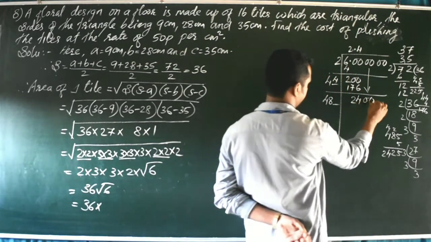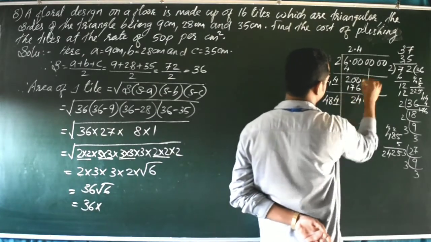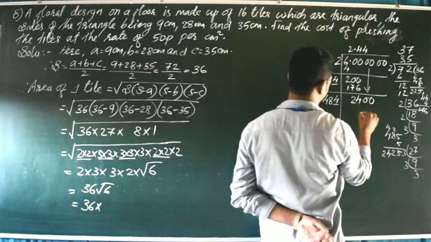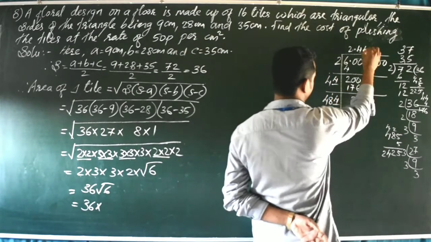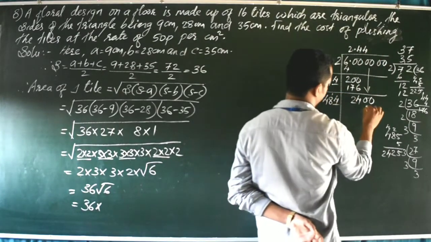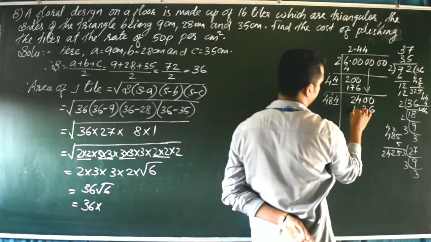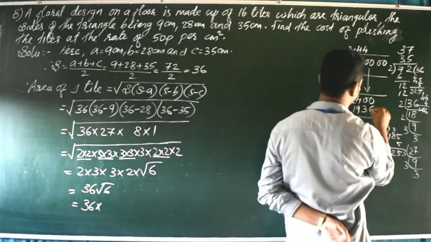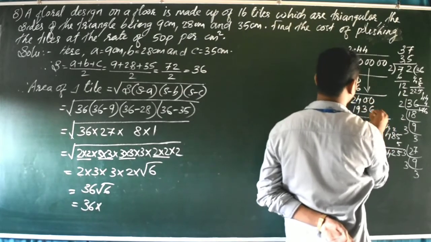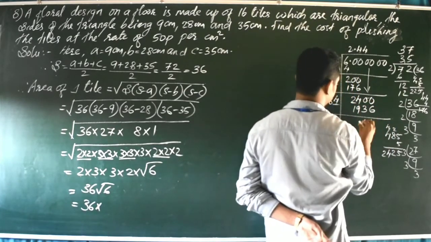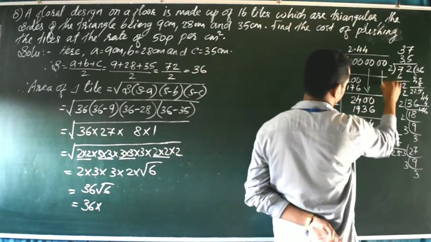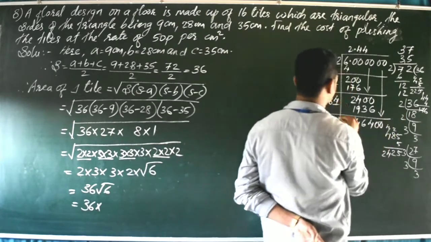But here it is 2400 only, so it will come 4 times only. 4 4s are 16, 6, remainder 1. 4 8s are 32 plus 1, 33, 3, remainder 3. 4 4s are 16 plus 3, 19. Now subtract it. 10 minus 6, 4. 9 minus 3, 6. 13 minus 9, 4. 1 minus 1, 0. Bring down the next pair, 0, 0.